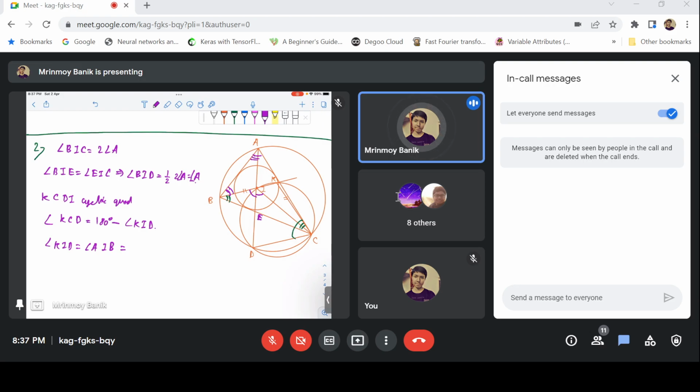Kind of getting lost. Can you help me out a bit?